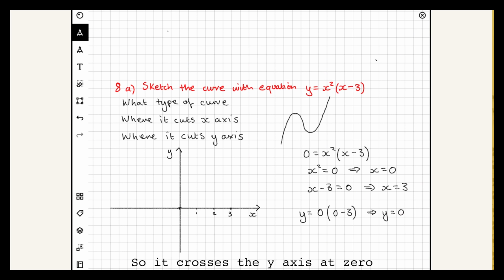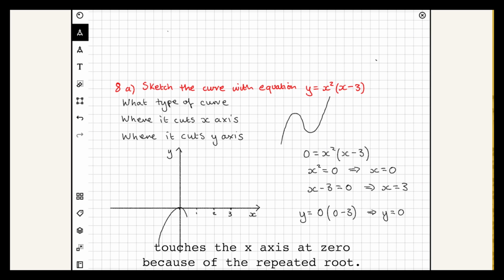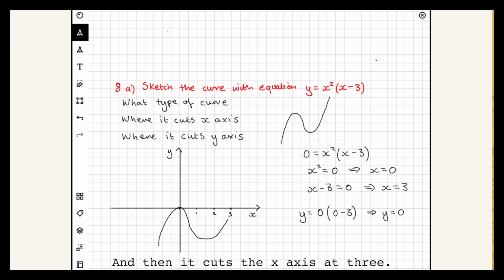So it crosses the y-axis at 0, which is what is implied by this root here. So this will look something like this. It touches the x-axis at 0 because of the repeated root, and then it cuts the x-axis at 3. And that's the first part of the question.